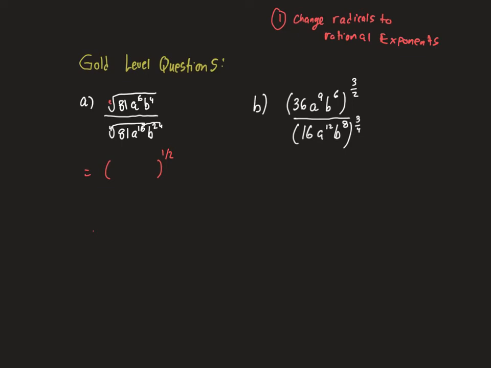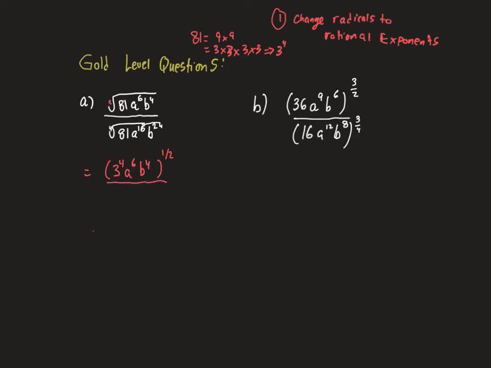And I know 81. 81 is 9 times 9, or I can say 3 to the power of 4. I'm going to write that up there. 81 is 9 times 9, which is equal to 3 times 3 times 3 times 3, which I know is 3 to the 4. And then I have a to the 6, b to the 4.